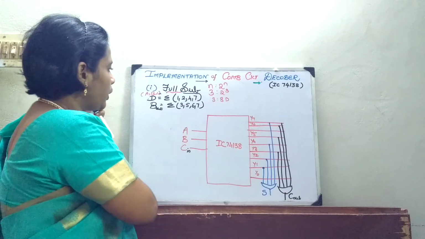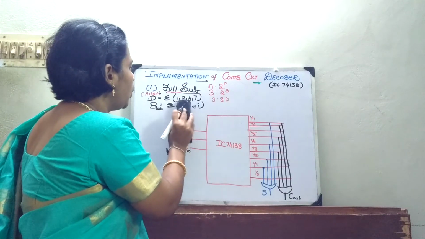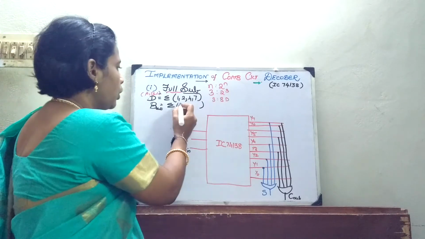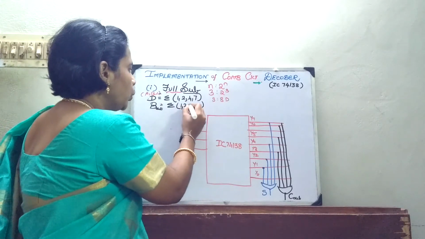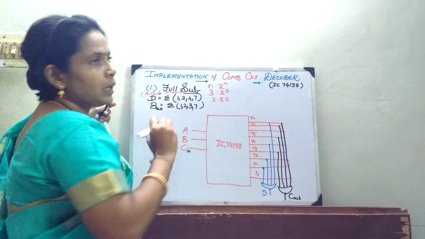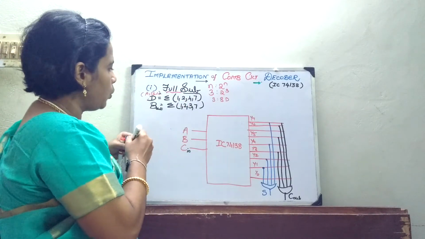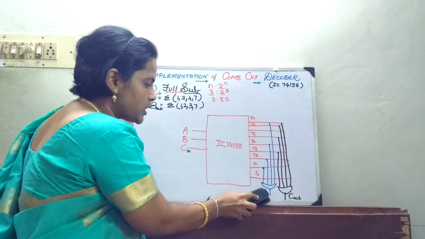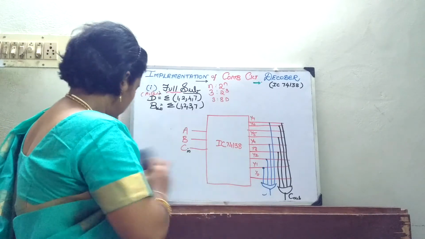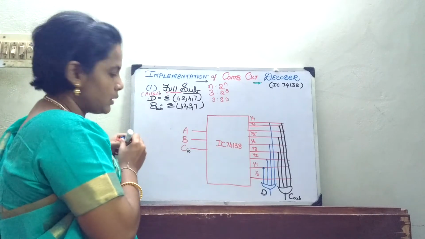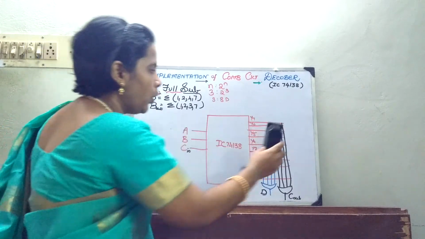The expression for your borrow out is nothing but 1, 2, 3 and 7. Now the same decoder is used, and this sum is going to be changed to the difference.